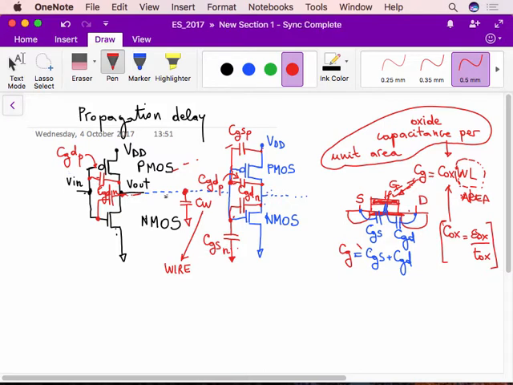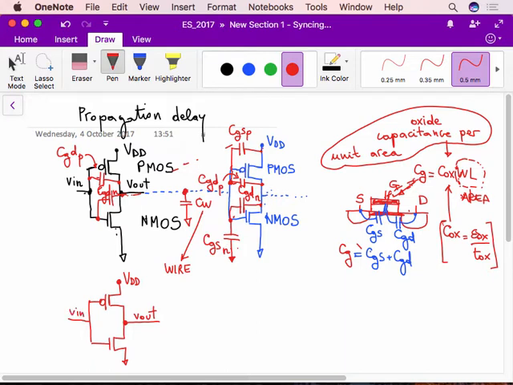So you see you have a lot of capacitances here. What we do is we consider an equivalent capacitance at the output of the first inverter, which takes into account all the other capacitances which have to be charged by the voltage applied at the output of the first inverter.